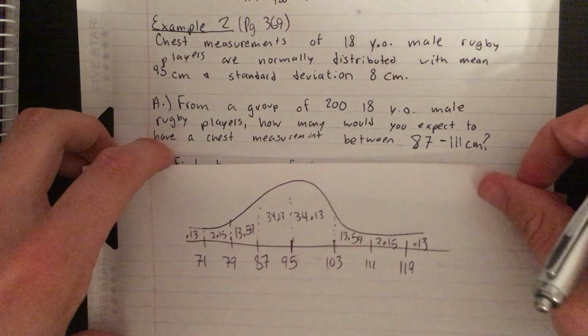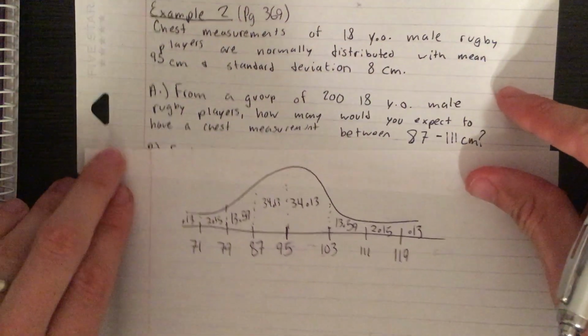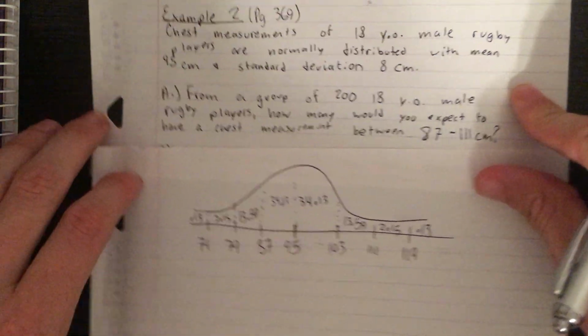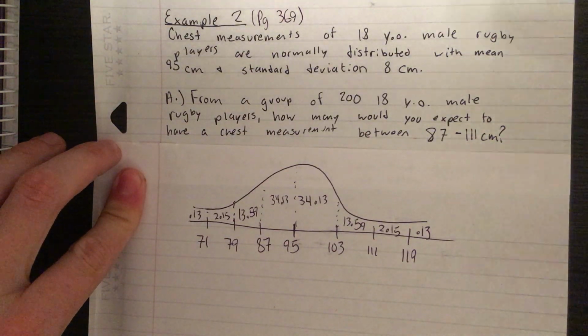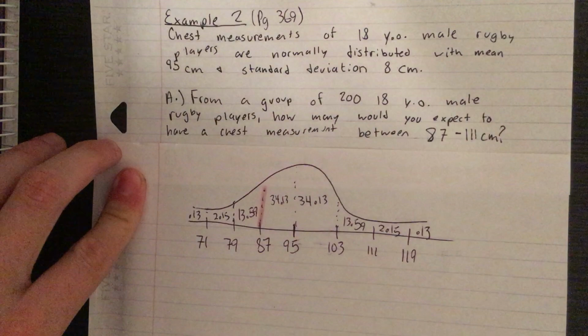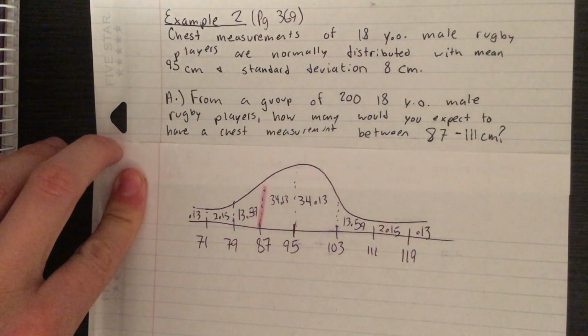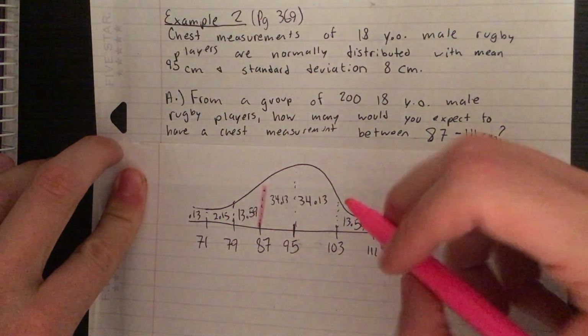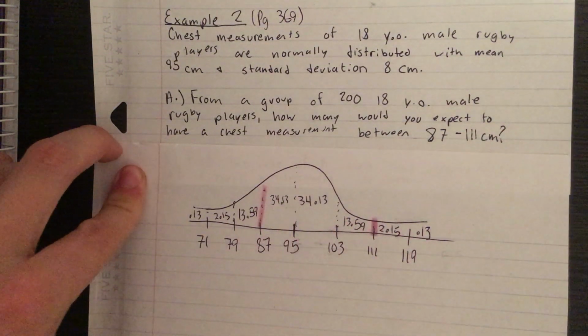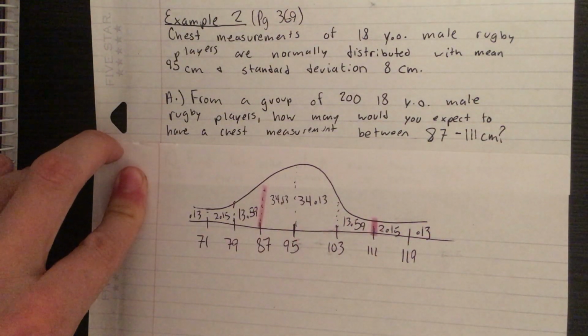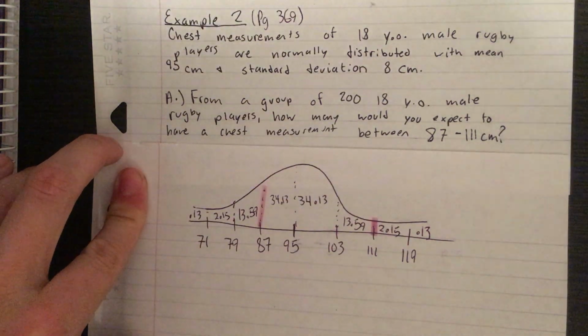The first thing we need to do is figure out how many of those people are between 87 and 111, so we're going to have to add these percentages together.